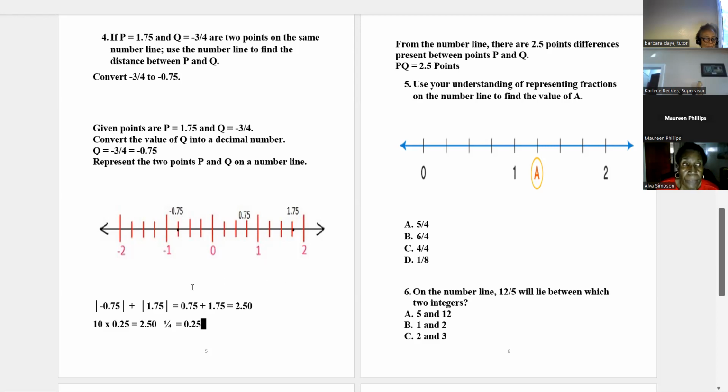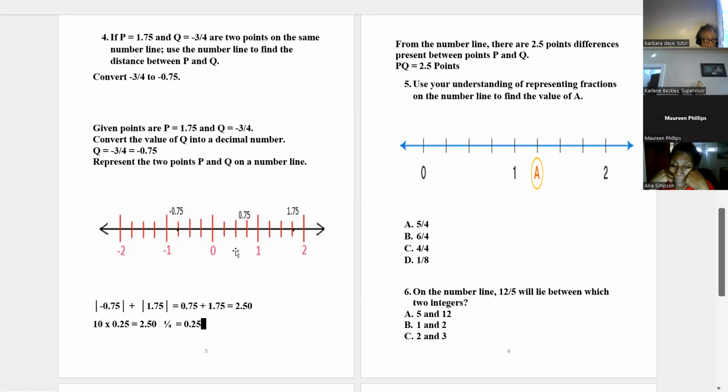Now we were just going through this number line. Maureen, you want to explain to Alva? Tell her what each one of these hash marks means right here. What is this one right here? 1/4.